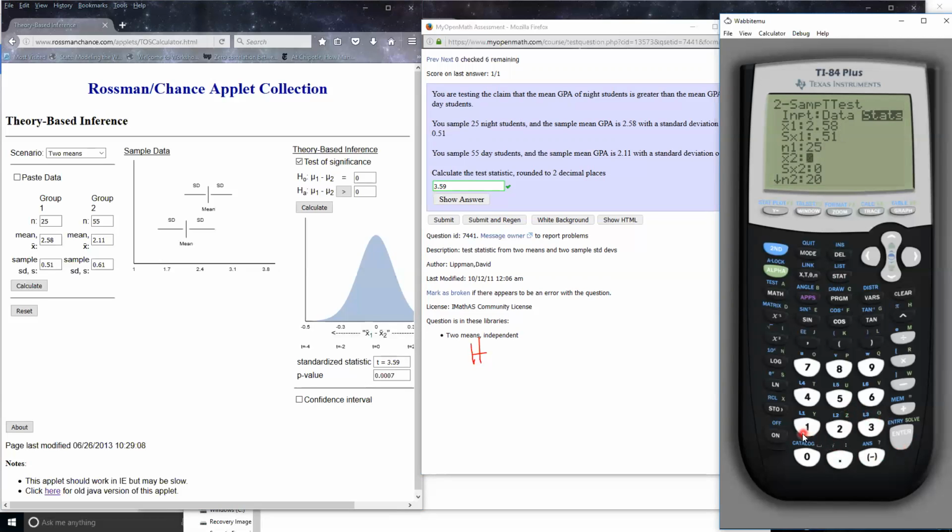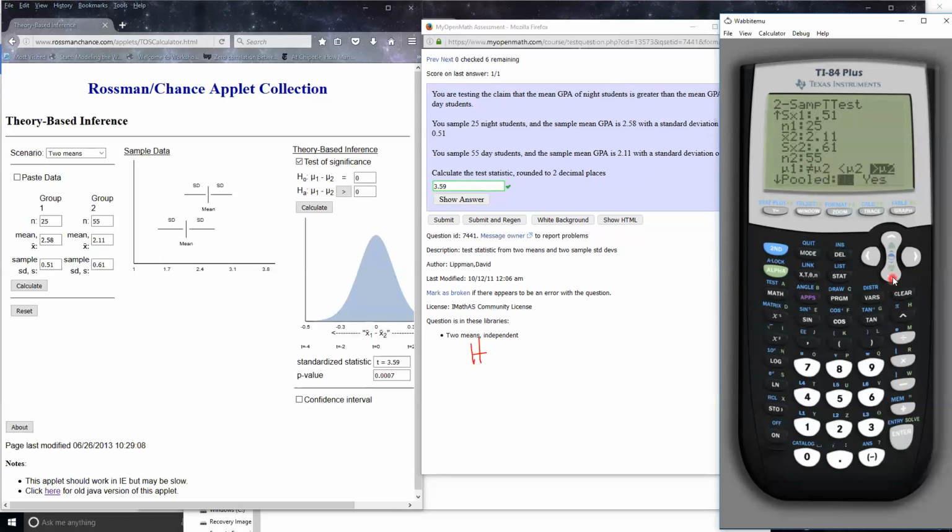Then for the day students, the mean was 2.11. The standard deviation is 0.61. And the sample size for the day students was 55. And I said a right-tailed test, so let's change that to right-tailed.